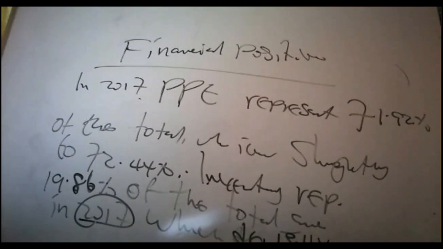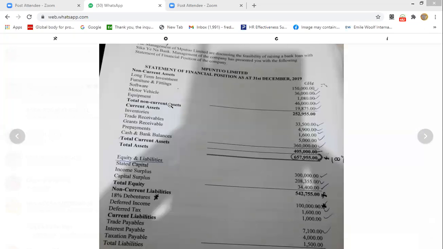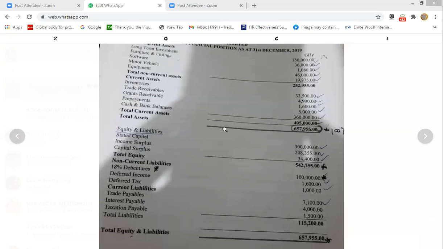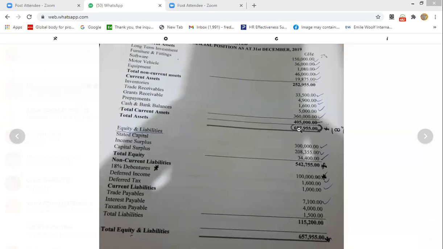So this is the actual question. Everything is very lengthy. So they say prepare the common size financial statement. So locate the total assets. What's the total asset here? The examiner is very good though. He's done everything for you.